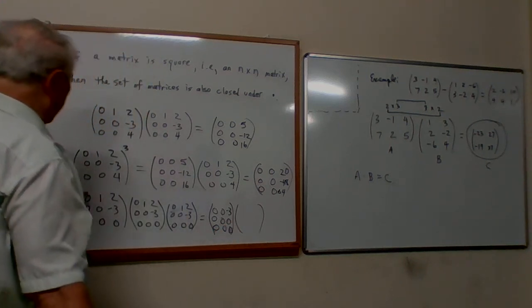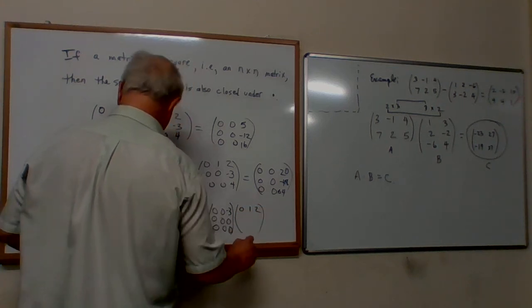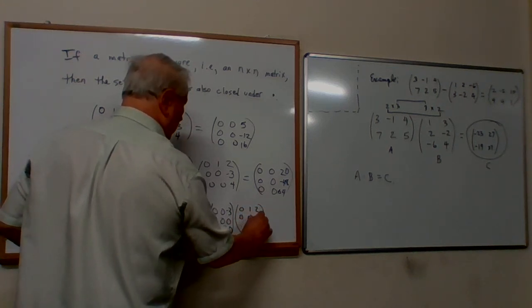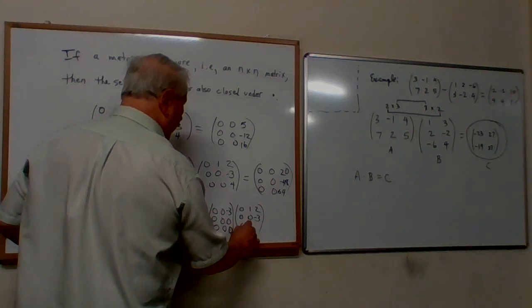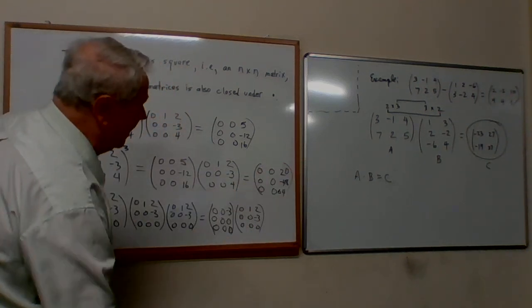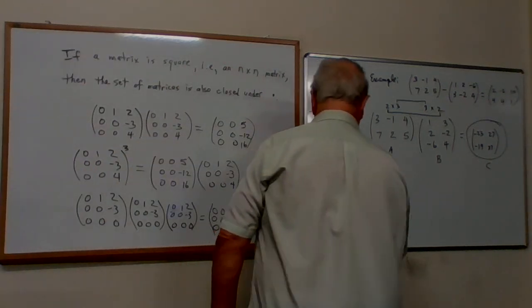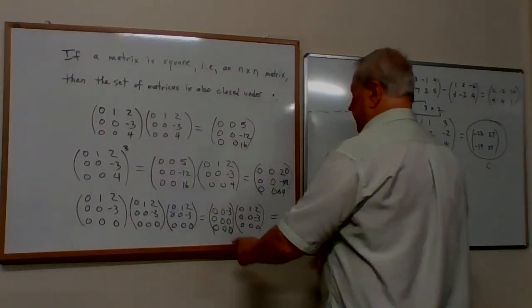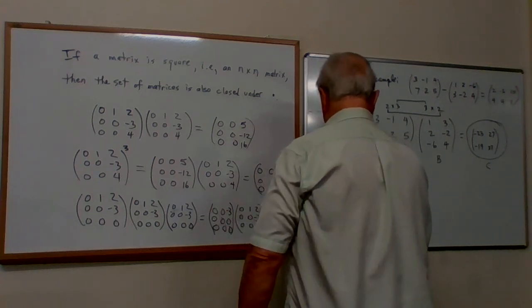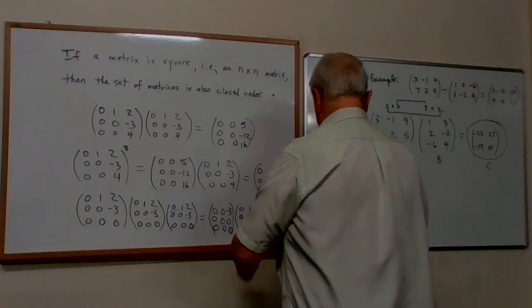Now let's multiply by one more of these. So whereas before I moved everything over into the third column, now I'm going to move everything out. Because when I multiply these two together, I get zeros in the first column. I get zeros in the second column.